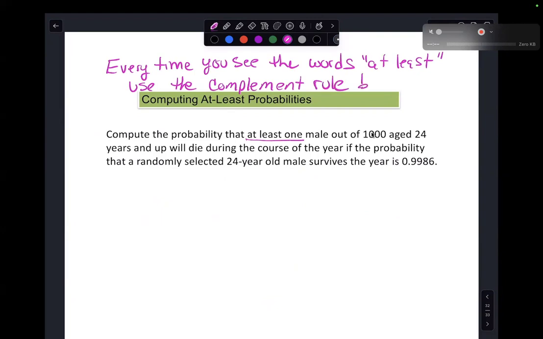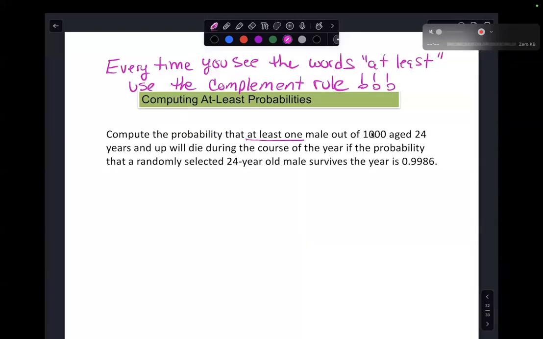And I'm going to put some exclamation points just because. Not yelling at you, just emphasizing. Every time you see the words at least, use the complement rule. Every time, without fail.